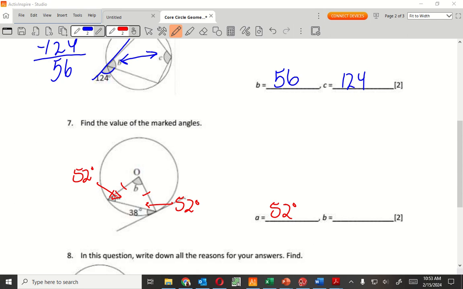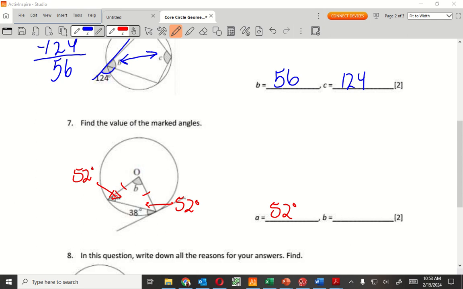Now, we also know a rule about triangles. All triangles have to add up to what? 180. All angles in a triangle will always add up to 180, right? So if they all add up to 180, I have 52, 52, and some missing value. What can I do to find the missing value? Subtract it from 180, or add the two 52s, and then subtract from 180.